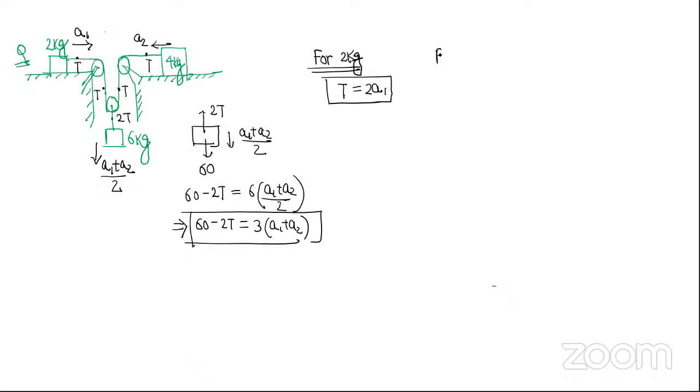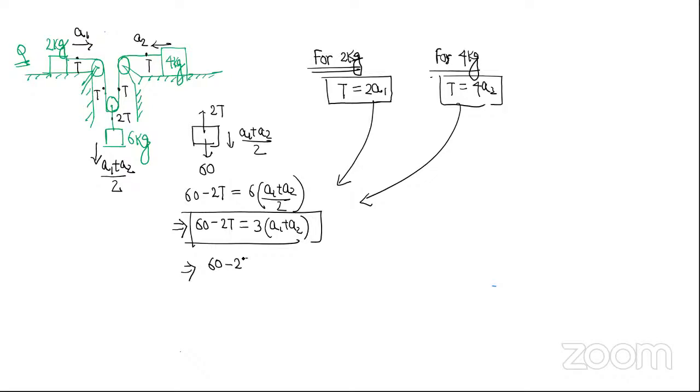For the 4 kg block, T will be equal to 4 into A2. This is another equation. Achha, now put the value of A1 and the value of A2 here, and then this equation becomes 60 minus 2T equal to 3 into, A1 means T by 2, A2 means T by 4.